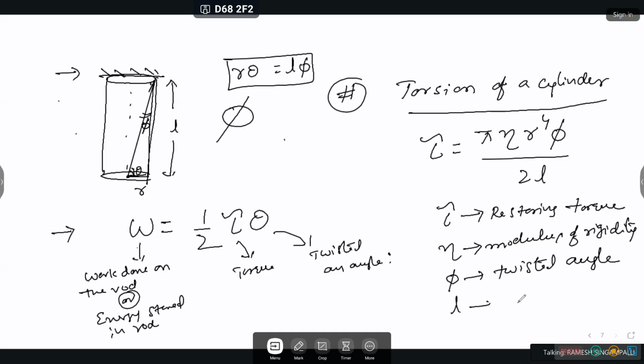L, length of the rod, the cylinder. R, radius of the cylinder. Tau means restoring torque; the torsion of the cylinder is nothing but this. To calculate restoring torque, this is the expression. Restoring torque is equal to pi eta r power 4 theta by 2L. That's it.